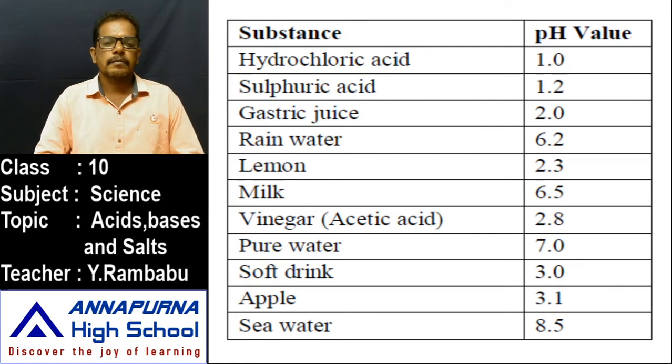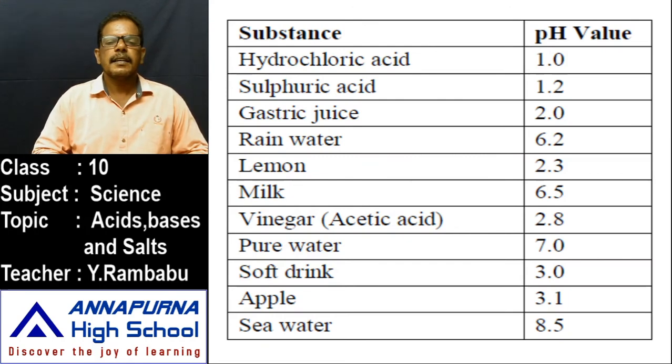And milk: the pH value of milk is 6.5. 6.5 is less than 7, that's why it is an acid, but its pH value is high, that's why it is a weak acid. In the case of vinegar, the pH value is given as 2.8.